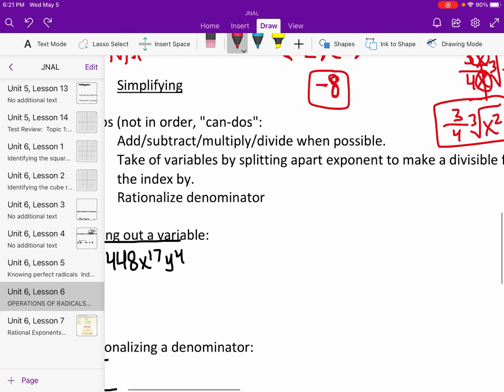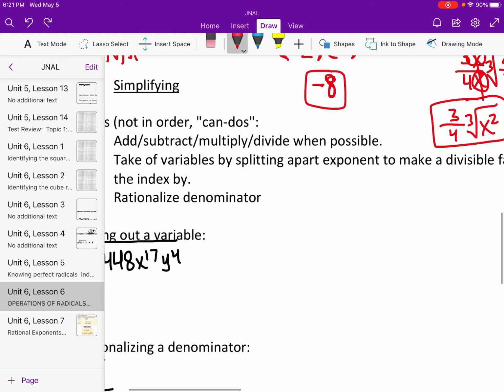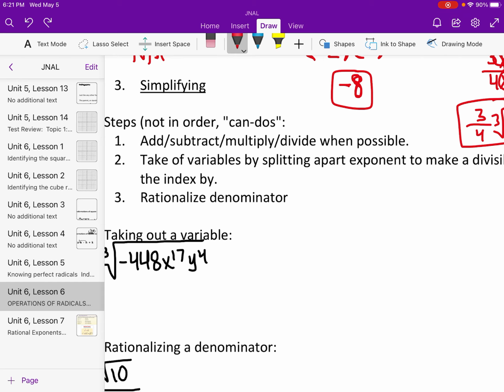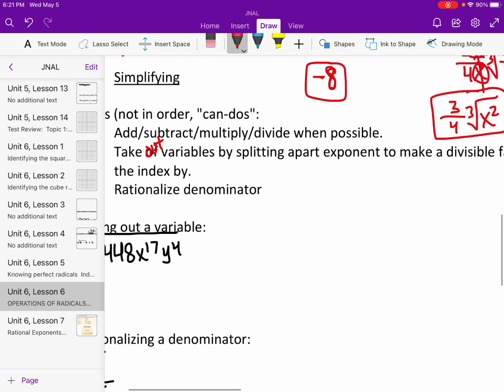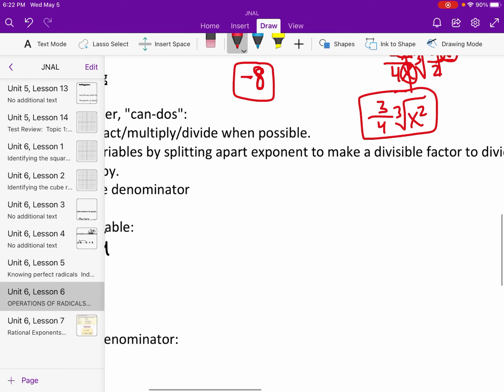So you first need to add, subtract, multiply, and divide when possible. Then you can, if possible, take out variables by splitting apart the exponent to make them divisible, factor, and divide by the index.